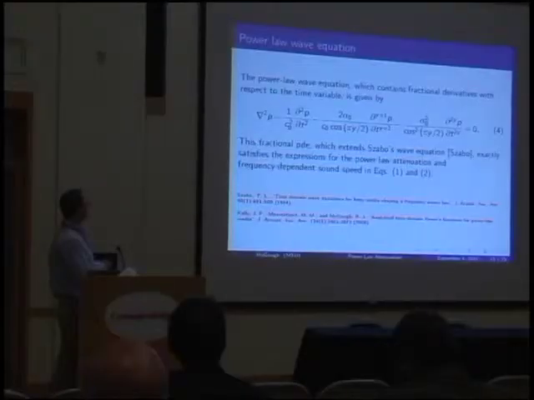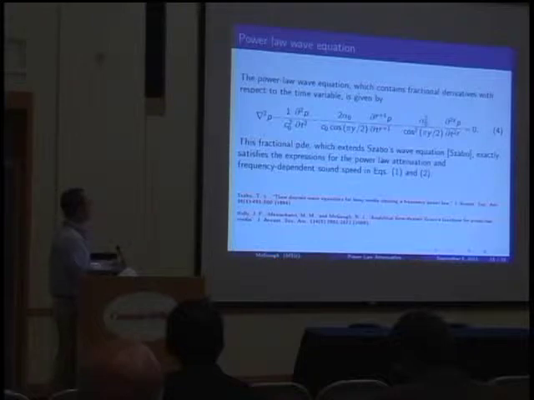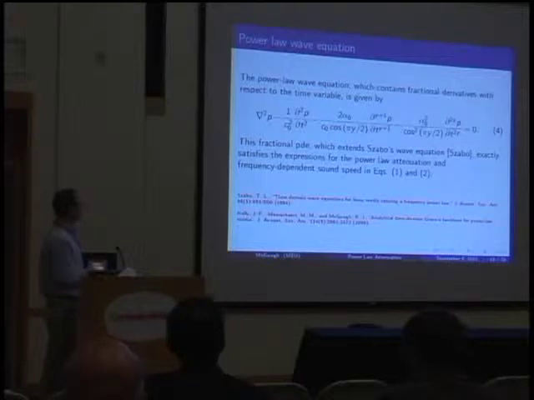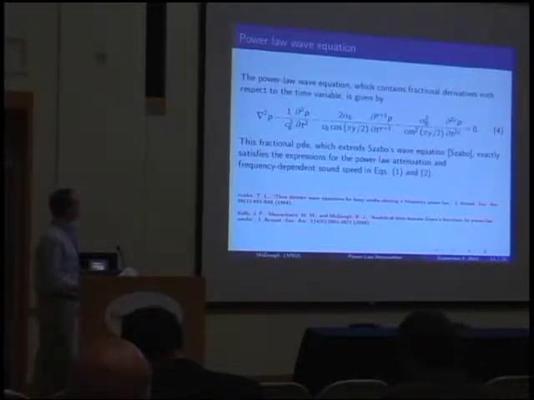We recognize in the power law wave equation that the first two terms are the lossless wave equation. The first three terms are Szabo's wave equation. So we're extending Szabo's wave equation by adding this fourth term that allows us to exactly model the power law attenuation and frequency-dependent speed of sound that I showed earlier. So this is a great starting point, but there's quite a few other interesting things that we can do with this.